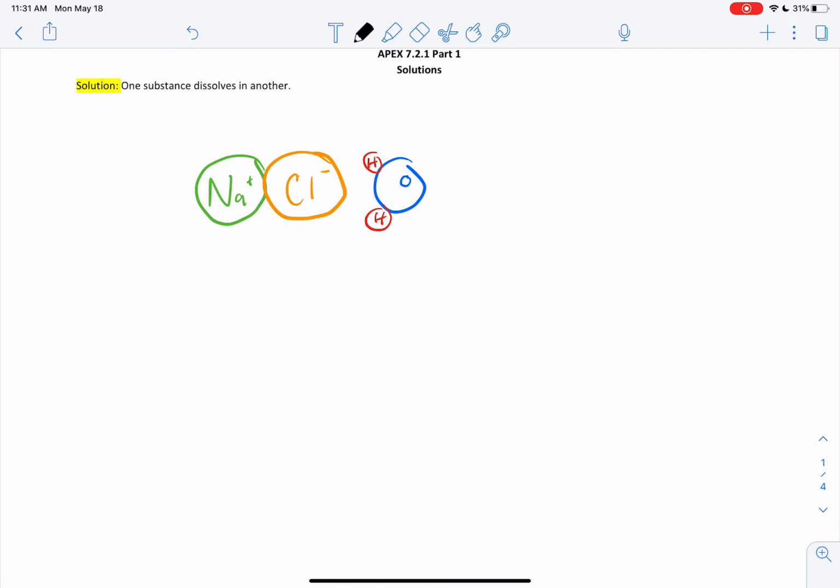So because oxygen is more electronegative than hydrogen, the oxygen end is partially negative, and the hydrogen end is partially positive. So now we have a partial positive charge over here and a negative charge from that chlorine ion. So what happens is the hydrogen end of water actually ends up attracting to that negative chlorine ion.